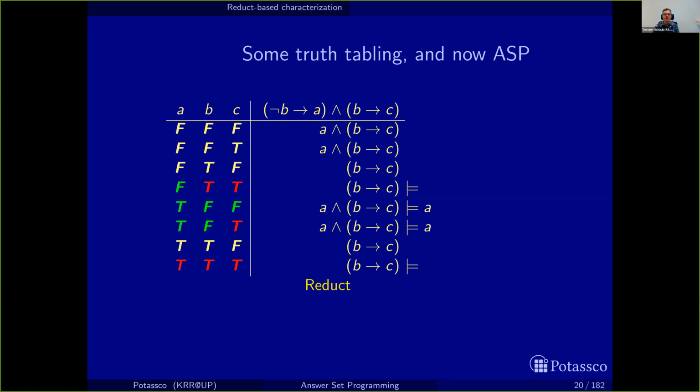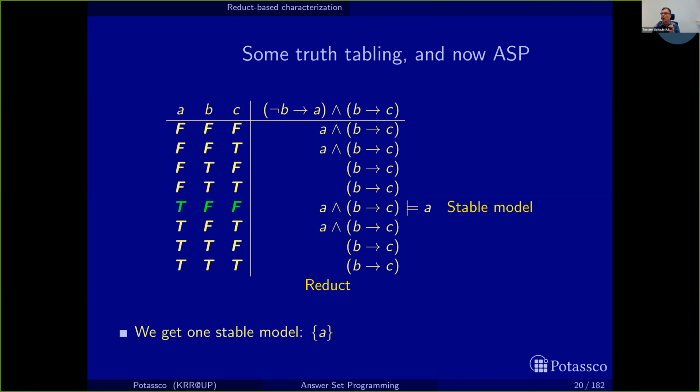Among the 4 Boolean interpretations, only one claims that A is true and also has a proof for it. All the others fail, and that is why this is the only stable model in this example.